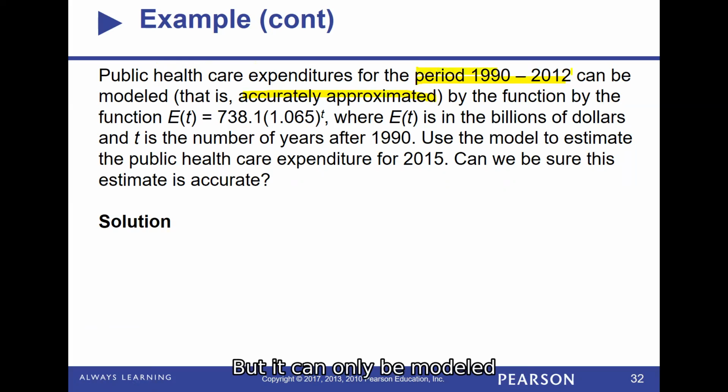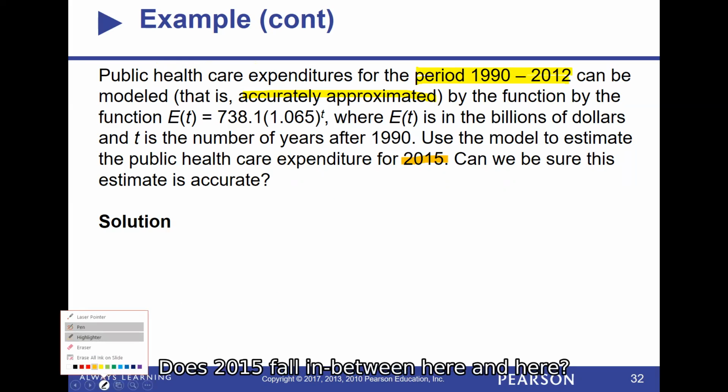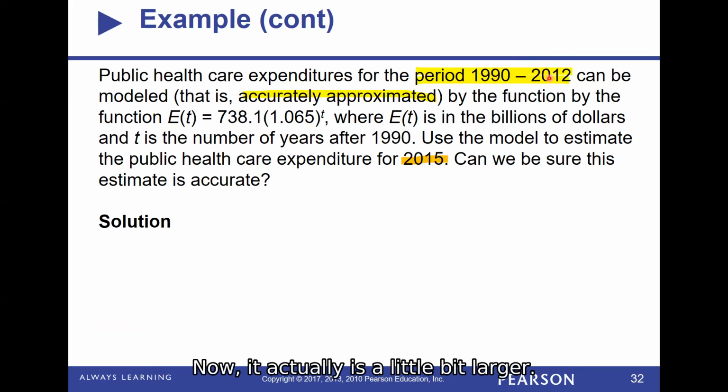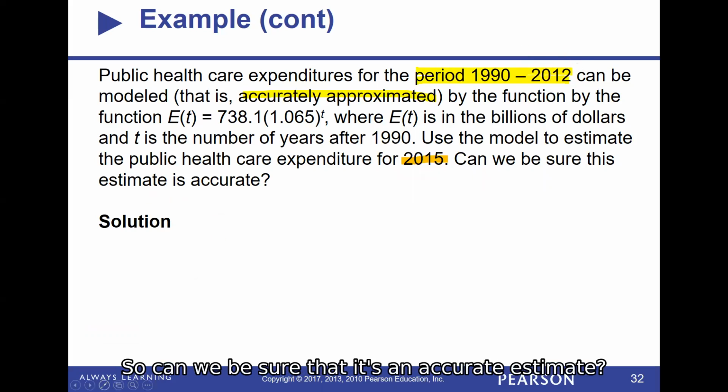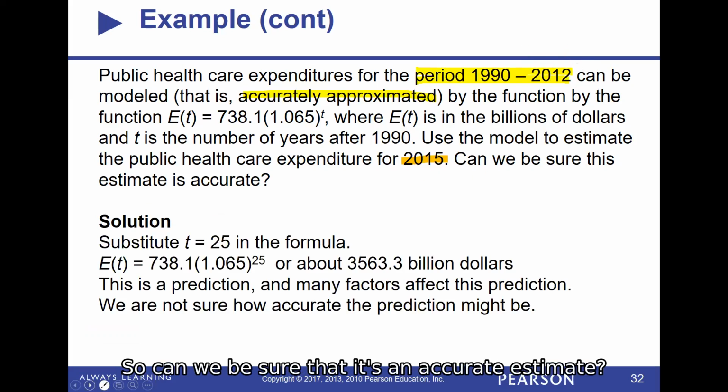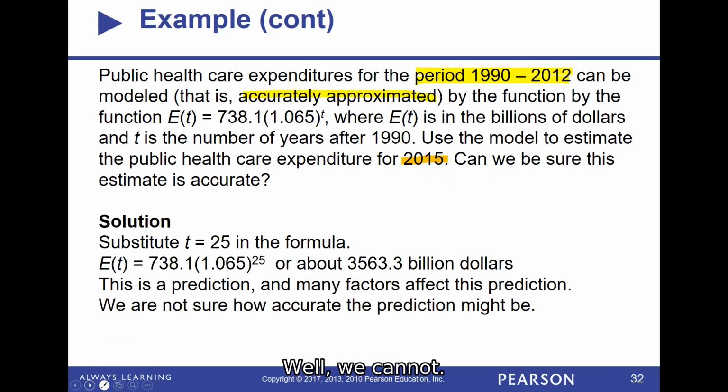But it can only be modeled approximately accurate between these years. And when I look at the problem itself, it gave me the expenditures for 2015. Now, does 2015 fall between these years? Does 2015 fall in between here and here? No, it actually is a little bit larger. So can we be sure that it's an accurate estimate? Well, we can't. There's actually no way to predict it.